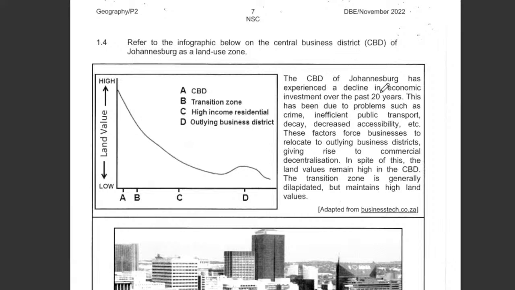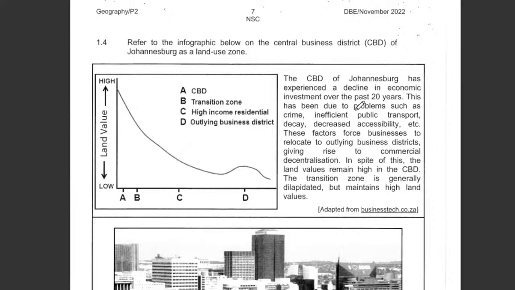Okay. Then there is a text here that says the CBD of Johannesburg has experienced a decline in economic investment over the past 20 years. This has been due to problems such as crime, inefficient public transport, decay, decrease in accessibility. These factors have forced businesses to relocate to outlying business districts, giving rise to commercial decentralization.